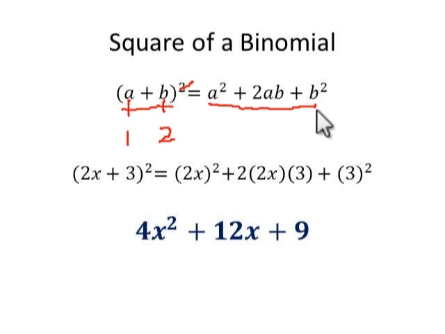Okay? Isa pa. Sabayan nyo ako ha. Square of the first term plus 2 times the first term times the second term plus square of the second term. Ang pattern of solution is this.